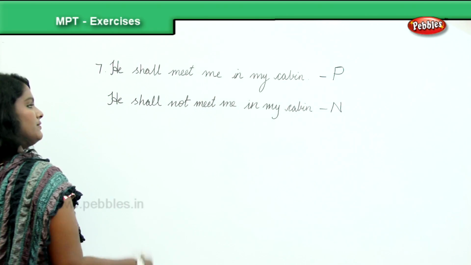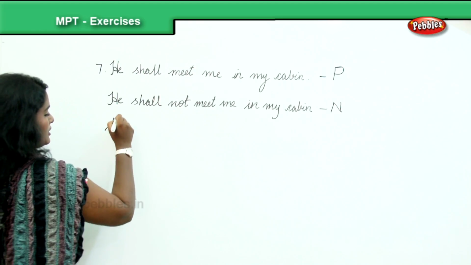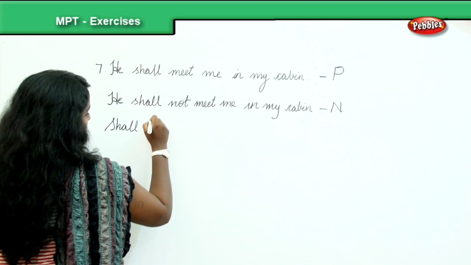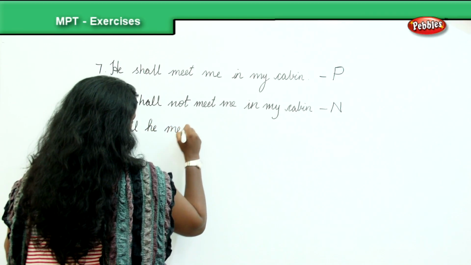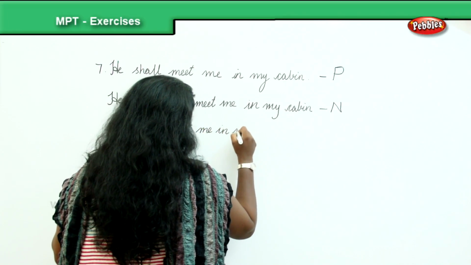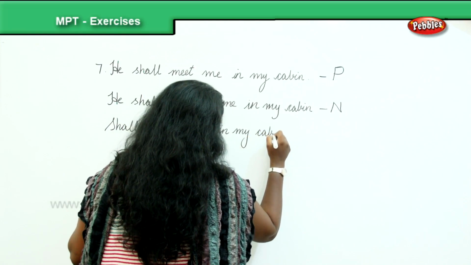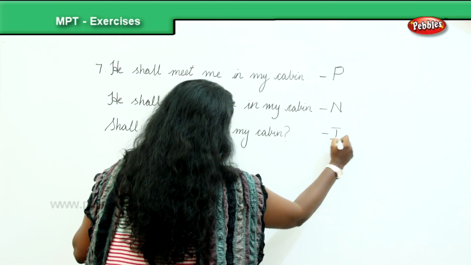The interrogative begins with shall he meet me in my cabin?